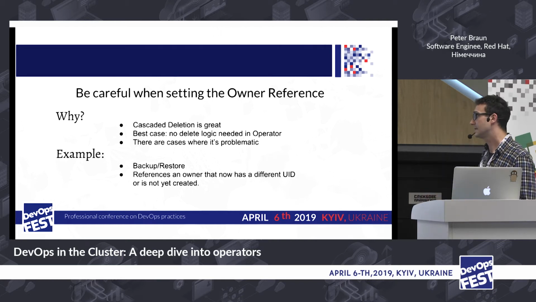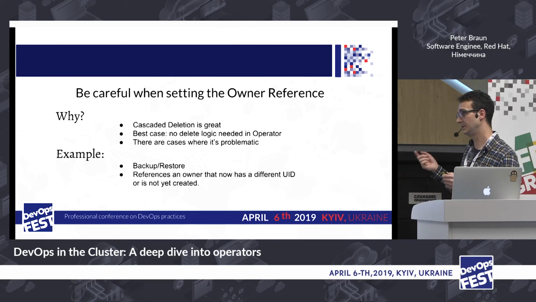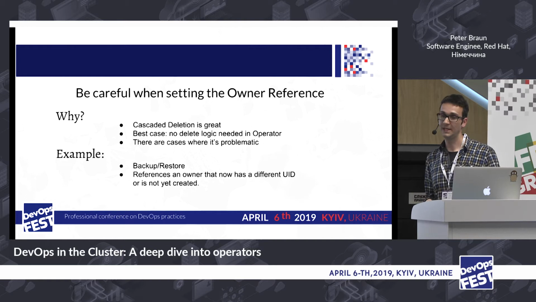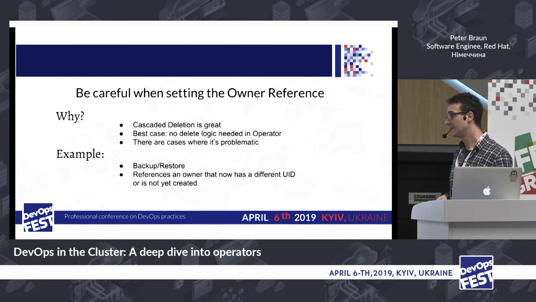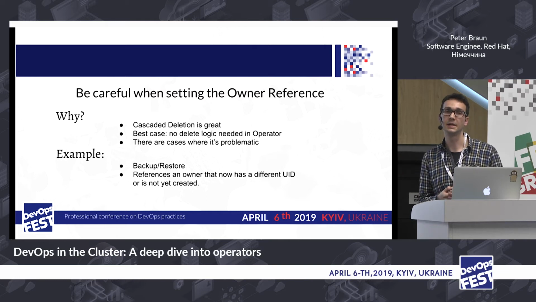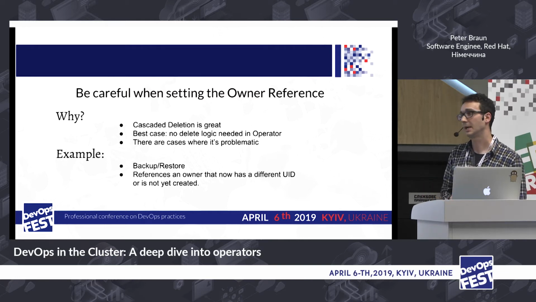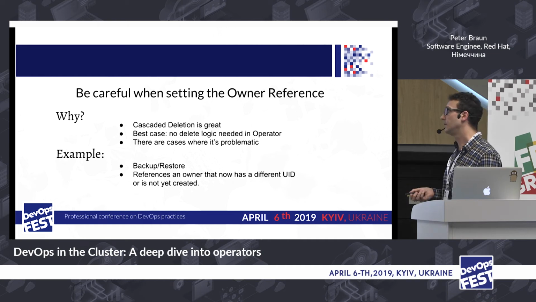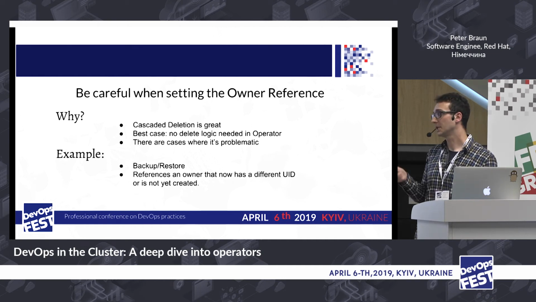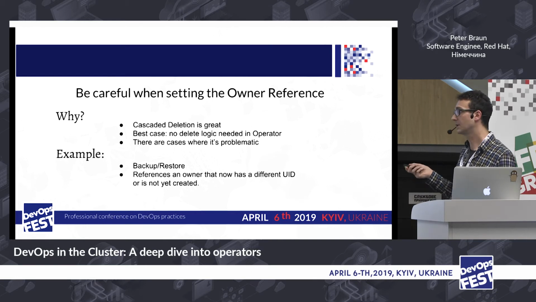The problem here is that if those resources have owner references and you try to restore them, but the owner hasn't yet been restored, or it has a different UID now, then creating the child will fail. So why would it have a different UID? It could be, for example, that this isn't a resource that you have backed up, but a dynamically created one. So in general, you probably want to use them, but just be aware of this special edge case.